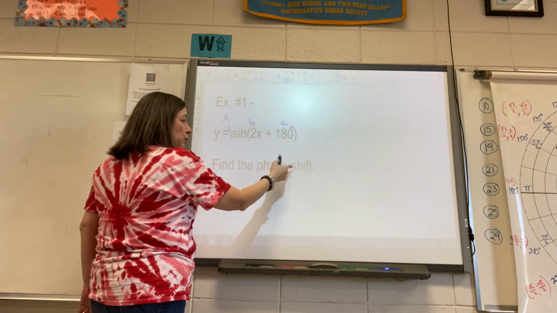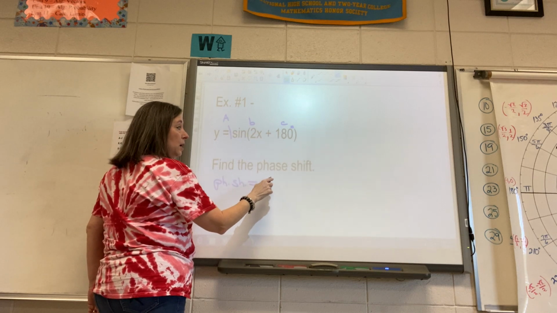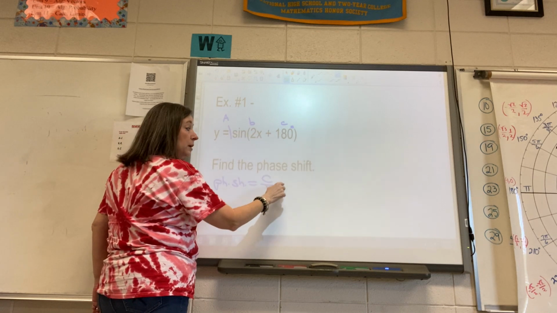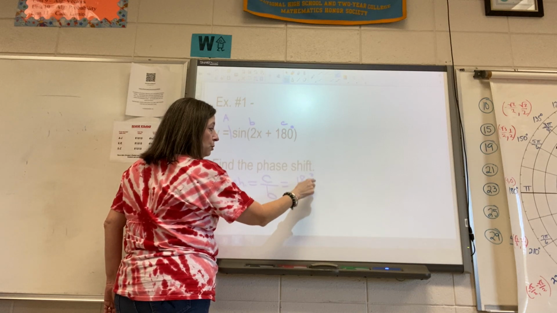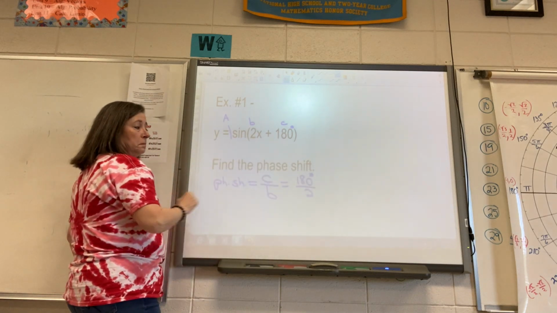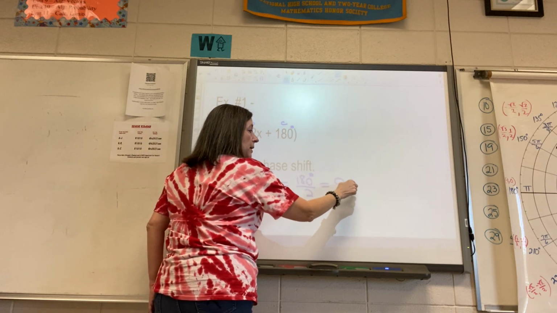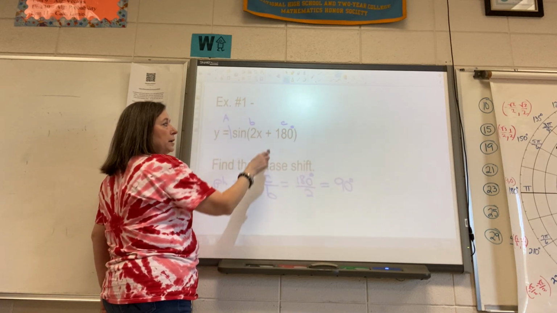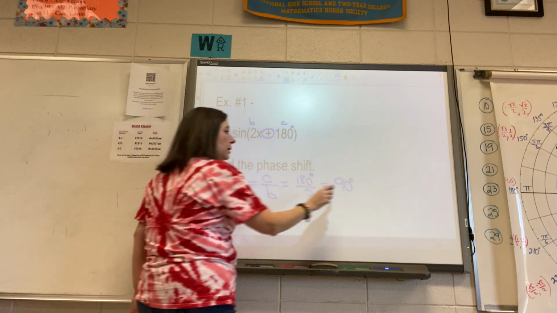All right, phase shift is C over B, which is 180 divided by 2, which would equal what? 90 degrees, good. Now, the next question while we're there, which way am I shifting? To the left.